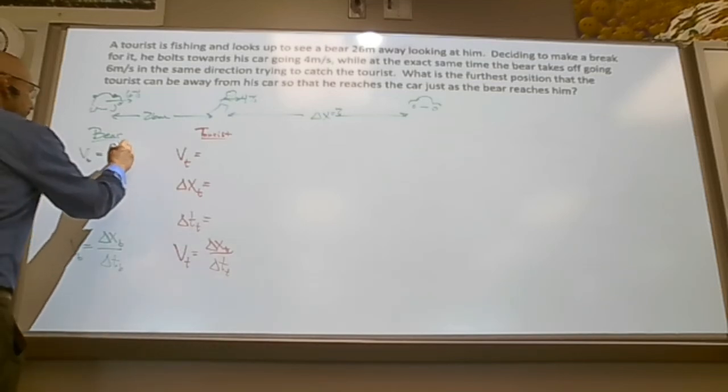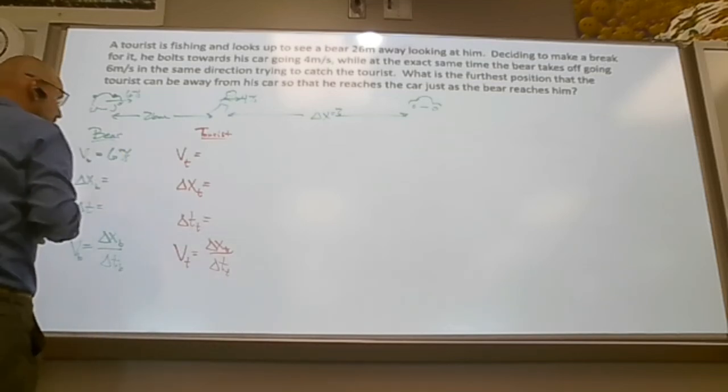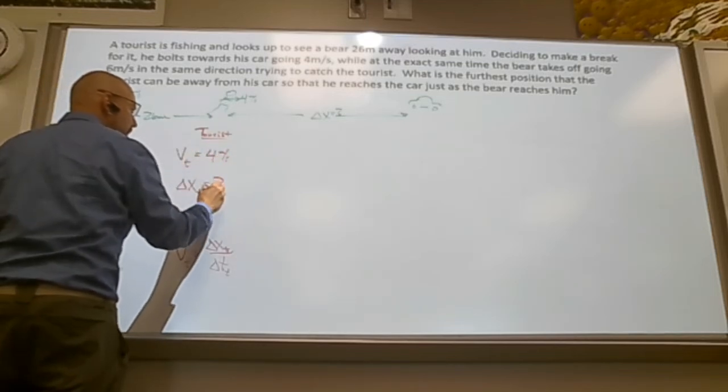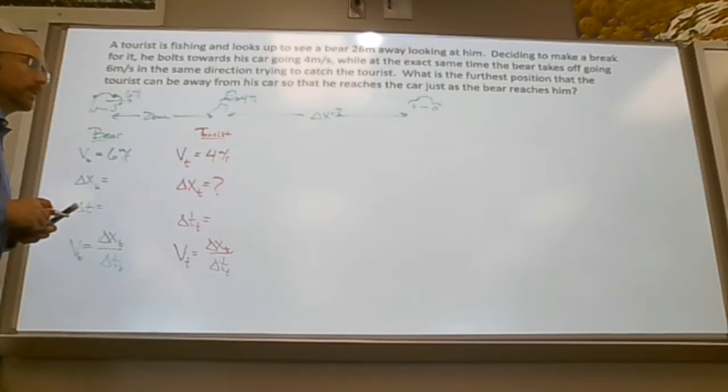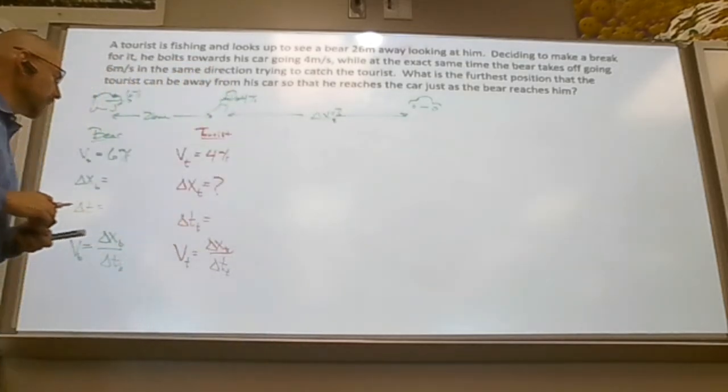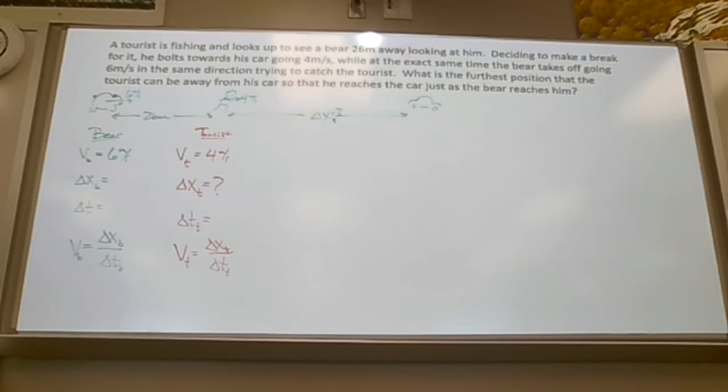Okay, so we have 6 meters per second, we have 4 meters per second. This is what I'm looking for, like this is the tourist displacement. Those are the obvious ones. You okay with that? Is the bear's displacement 26?